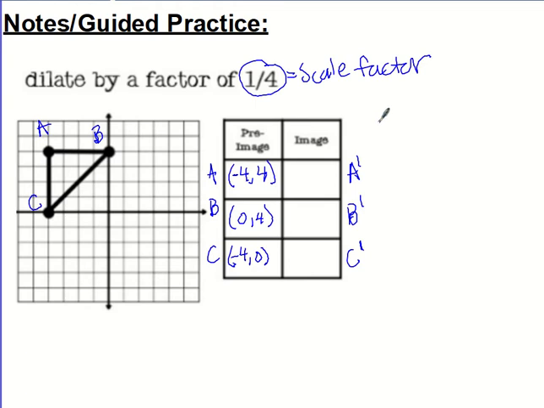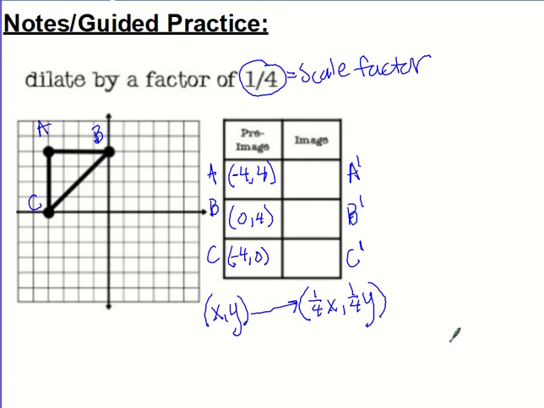I'm going to have us write an algebraic expression first so that we understand what we're doing. We're going to go (x, y) goes to, and the way we write our algebraic expression is 1/4 x, comma, 1/4 y. We're going to multiply all of our x's by a fourth, and all of our y's by a fourth.